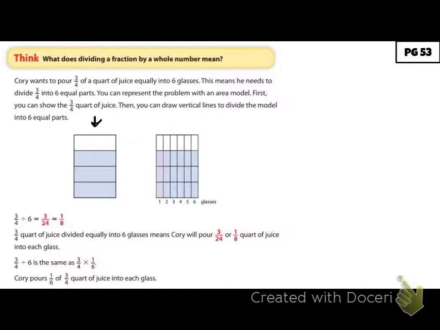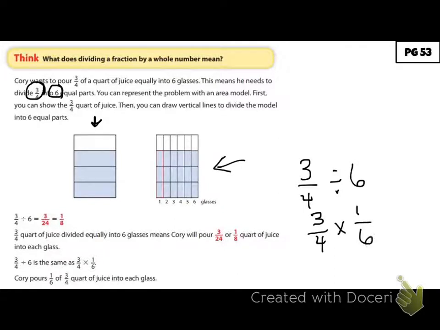So they did the 3/4 juice and then split that up into 6 parts right here to get the entire model. So again, 3/4 divided by 6 is the same as 3/4 leave change, and that is 1 over 6 because 6 is the same as 6 over 1. So that would flip and become 1 over 6, multiply straight across, 3/24.